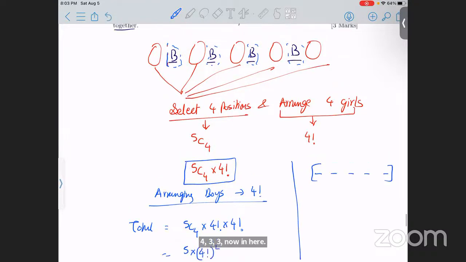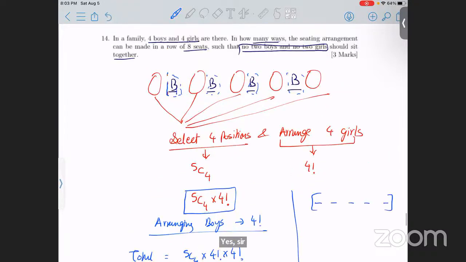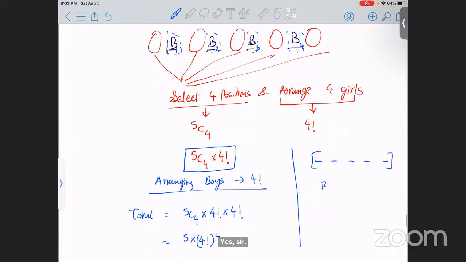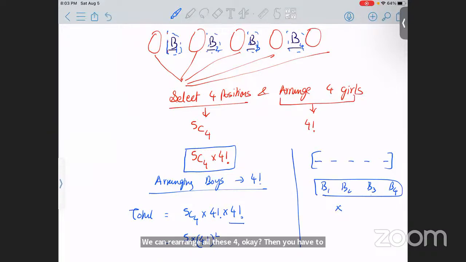Now let this be B1, B2, B3, B4. Listen to this, B1, B2, B3, B4. Now you can rearrange this. Whenever you are rearranging, you have to multiply. You can rearrange all these 4, then you have to multiply. This is known as the multiplication rule.